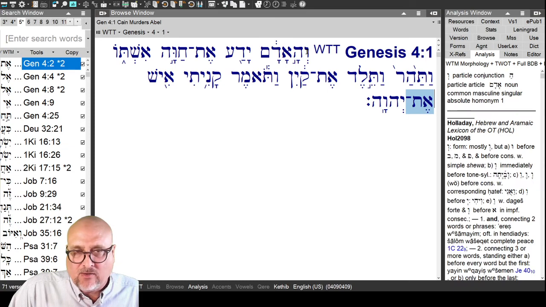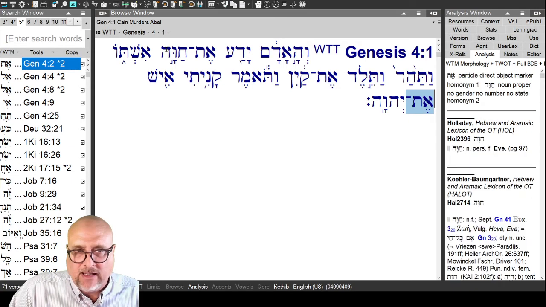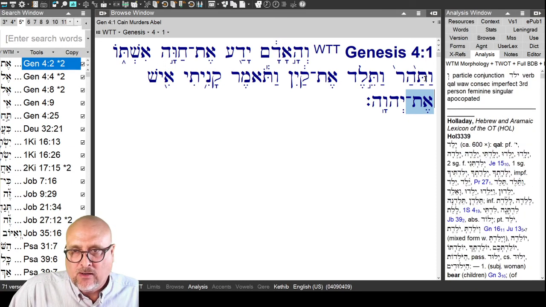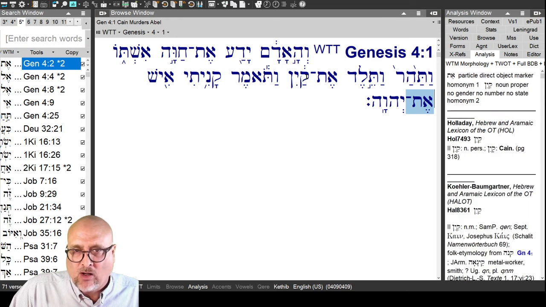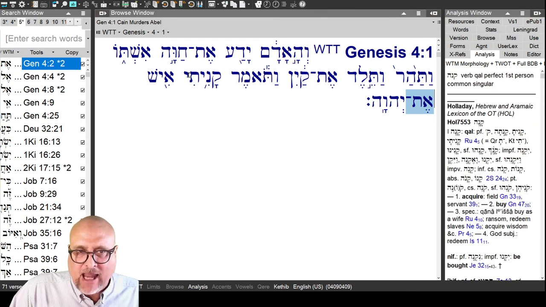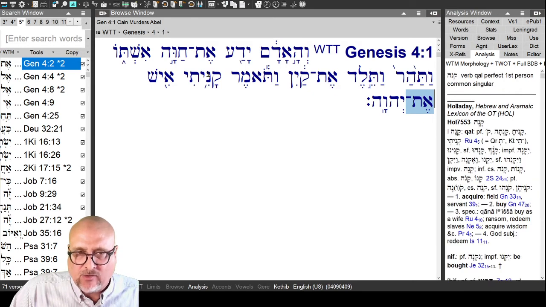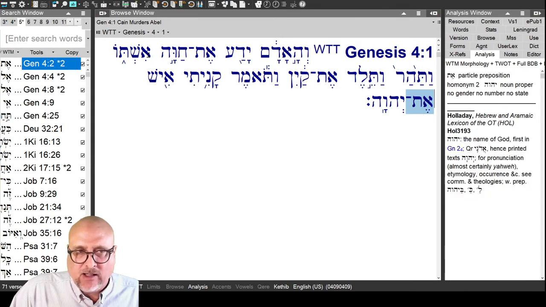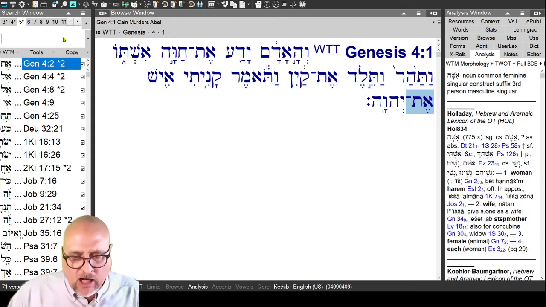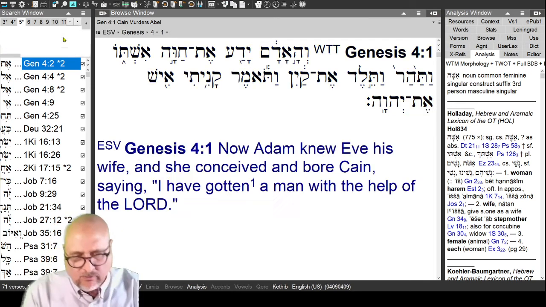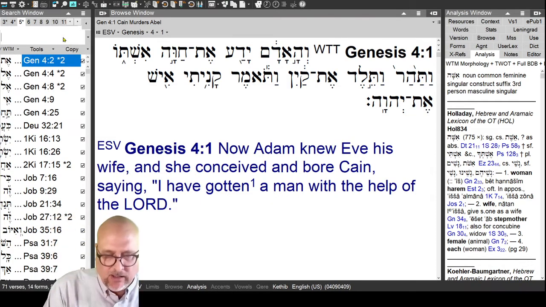So this sentence is that Adam knew the Eve, his wife, and she conceived and she bore Cain, and she said, I have caned a man, I have acquired a man. And then it's translated here with Yahweh. So that's how the ESV translates it.